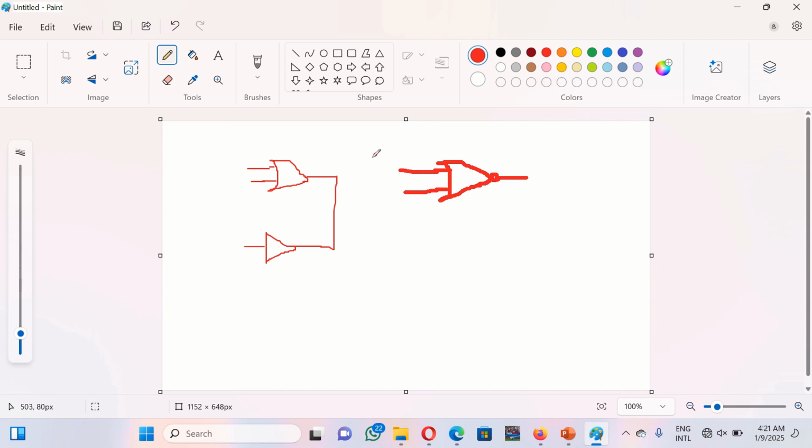So let's say I have the first input to be A, and then the second input to be C, and then I have here to be Z. So A and C are my inputs. So I have A here, and then I'll just have my C here, and then I have my output.